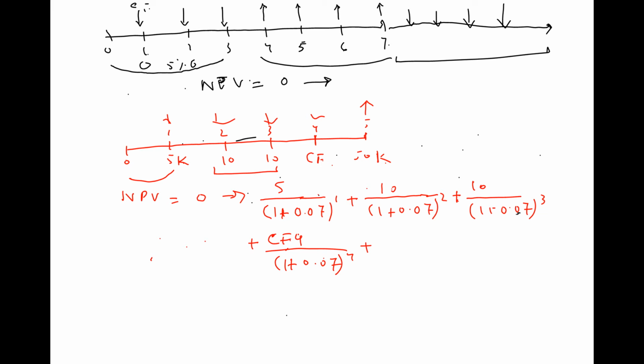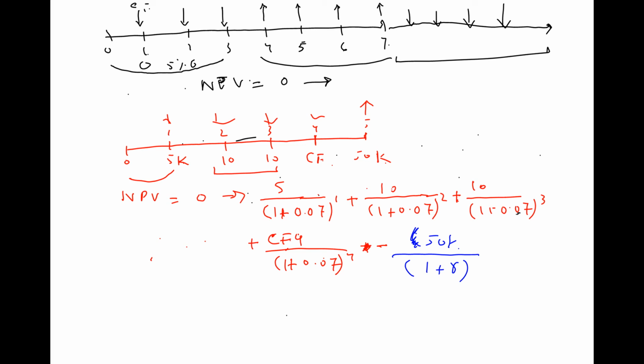And the last cash flow, now that's the tricky part. It doesn't have to be plus, it has to be minus, because this is going to be a cash outflow. I'm going to give it to the seller of the car. So it's minus 50k divided by 1 plus r.